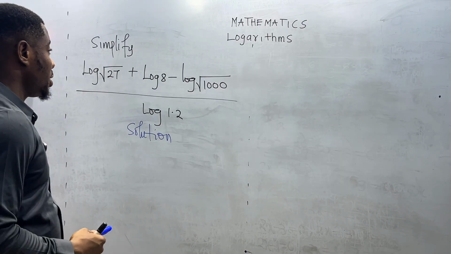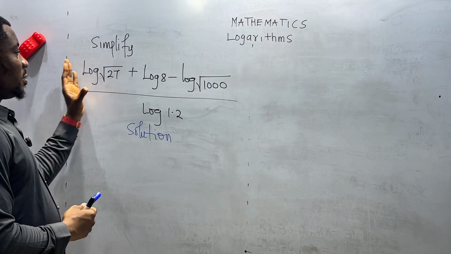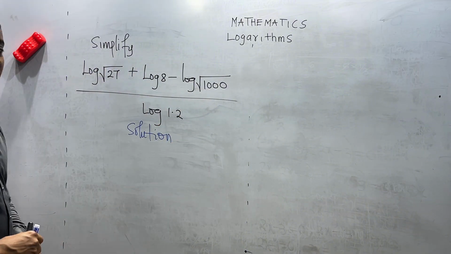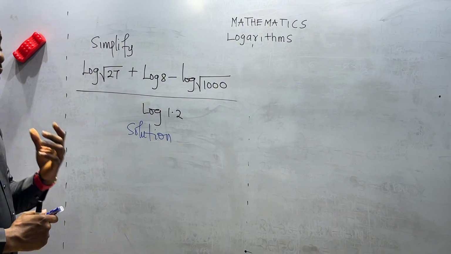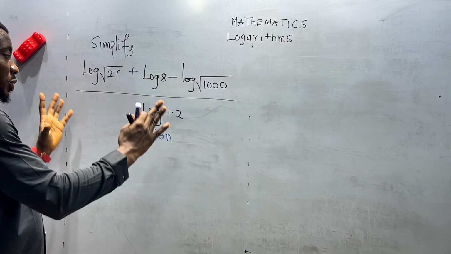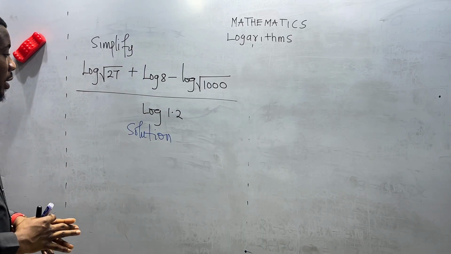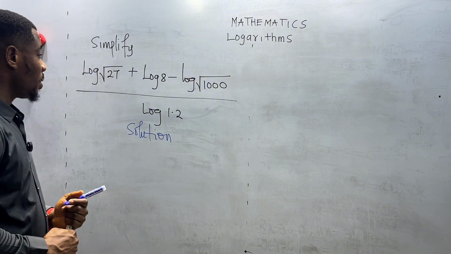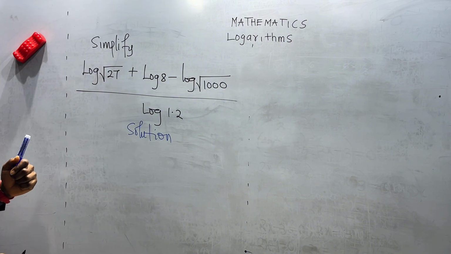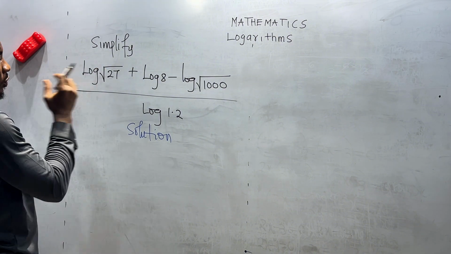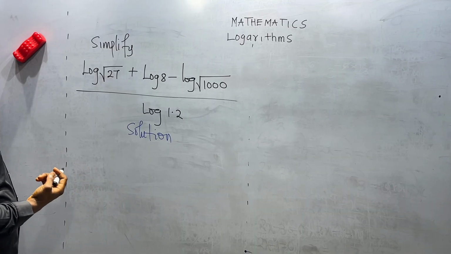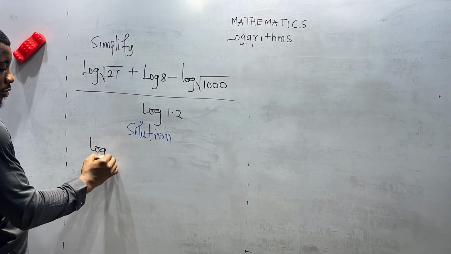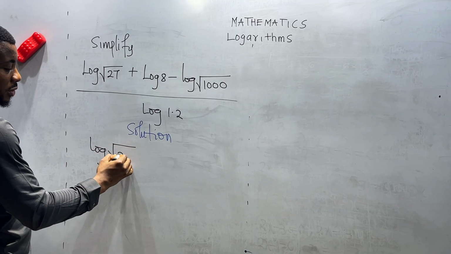All right, the question here says that we should simplify this term. So remember, to simplify means to reduce it to a very simple term, or break it down to its simplest form. Now, if we want to treat this, remember that 27 can be written as 3 to the power of 3.